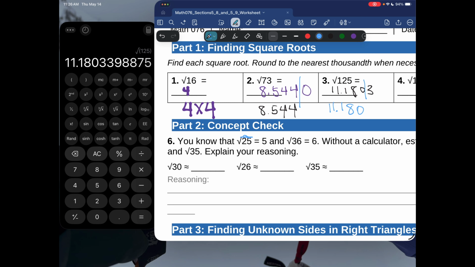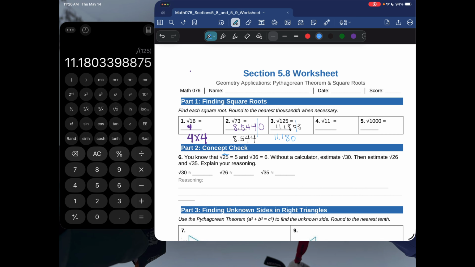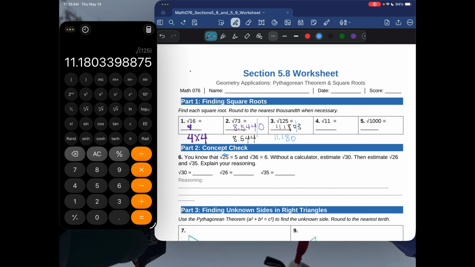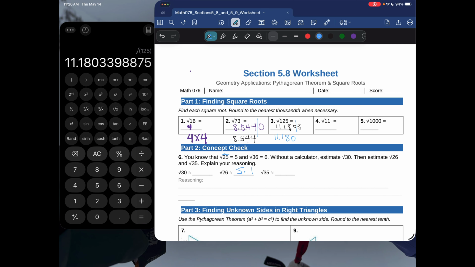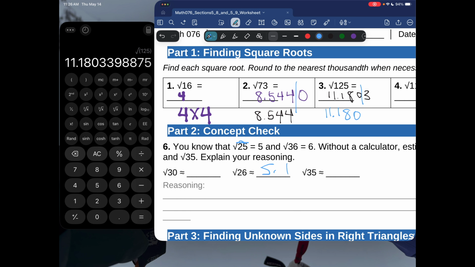Okay. Now, without using the calculator, we're just going to estimate the answers, okay? The square root of, I'm going to start with 26. Square root of 26. I think that's going to be pretty close to 5 and further from 6. So I'm just going to make a guess, and I'd say 5.1 is my guess. These are just guesses, okay?